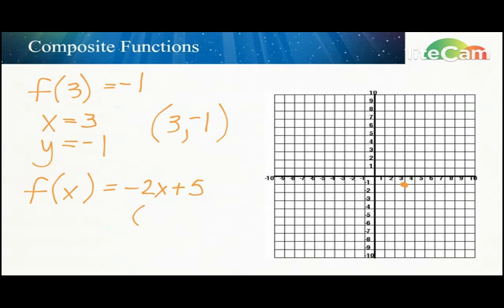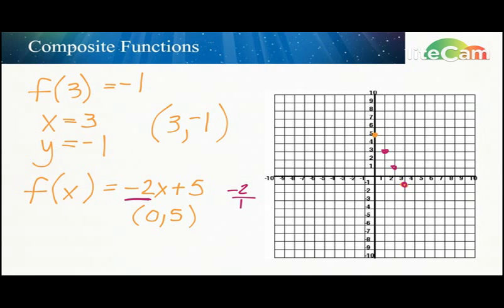If you plug in 0, you'll get 5. So (0, 5), about right there. And then I can use my slope, which is -2, really -2 over 1, and I can go down 2 over 1, down 2 over 1, and down 2 over 1.